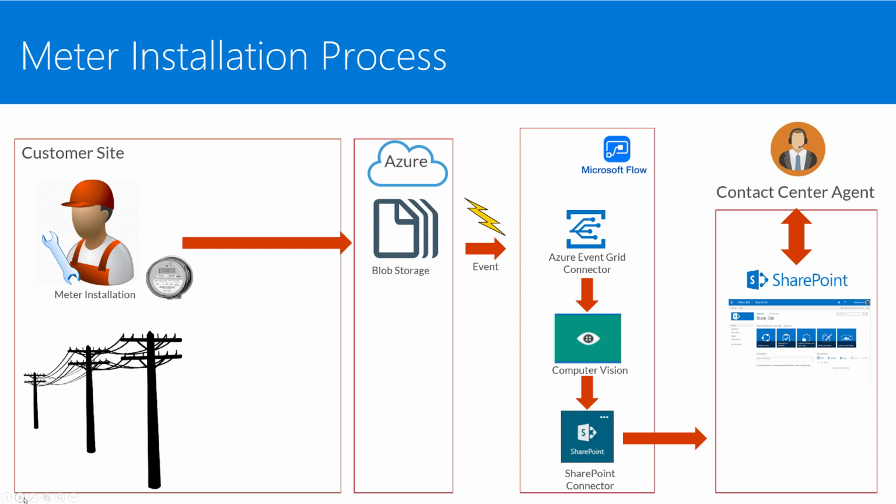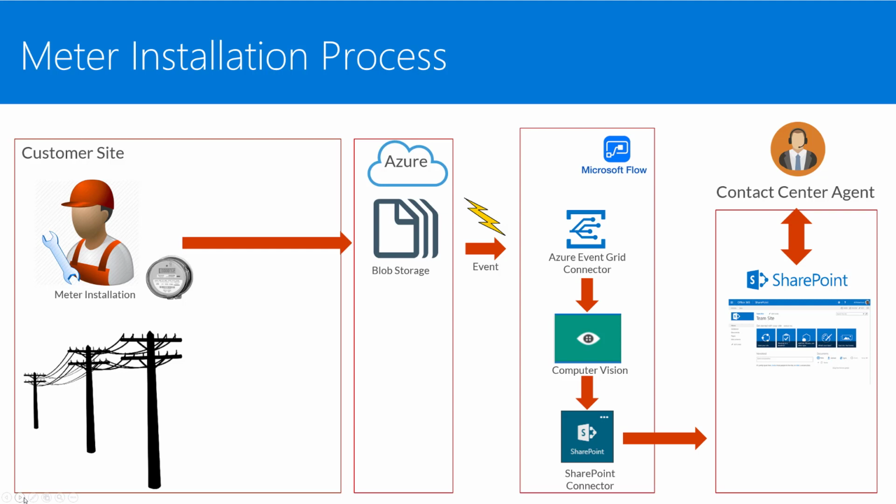Now what happens in this process is you've got a meter tech who installs a meter, and as part of a compliance process the power company has to record the readings of the old meter and the new meter. This is actually a real world scenario that I was part of in an earlier life. We were using BizTalk, but for the purposes of this example, I wanted to use Flow.